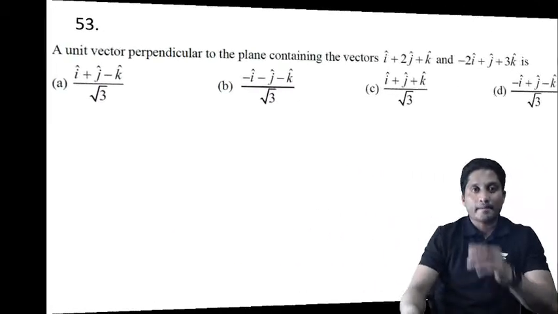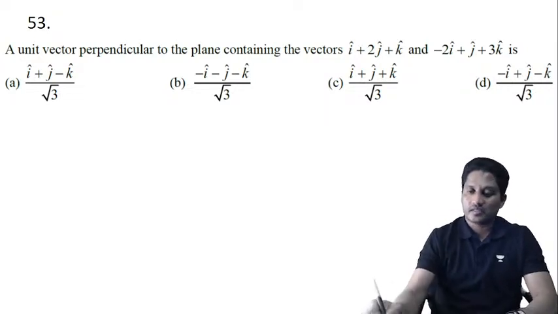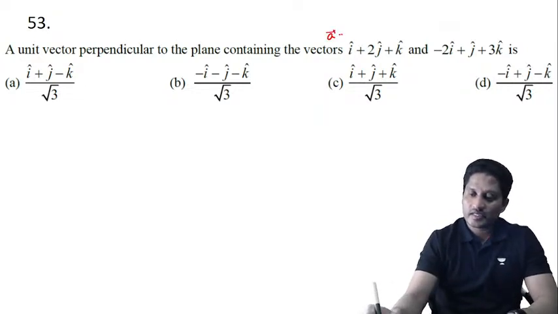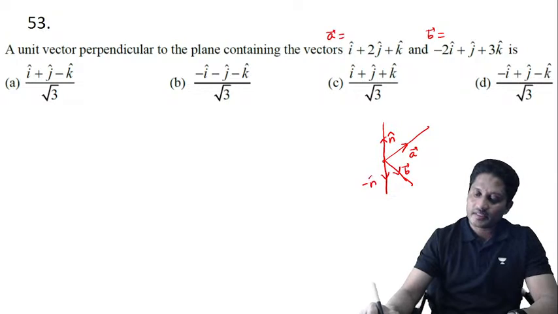Question number 53. A unit vector perpendicular to the plane containing two vectors. Let's say this is vector A and this is vector B. Unit vector perpendicular to both A and B, this is n cap. If you take the vector in the opposite direction, this is minus n cap.